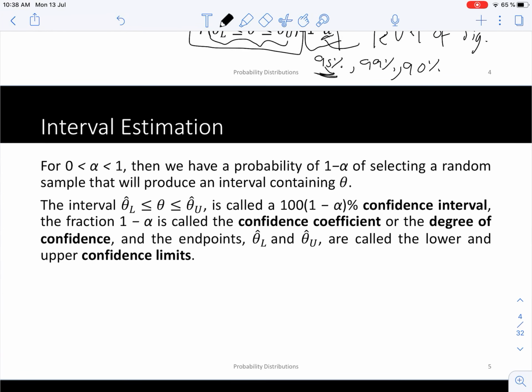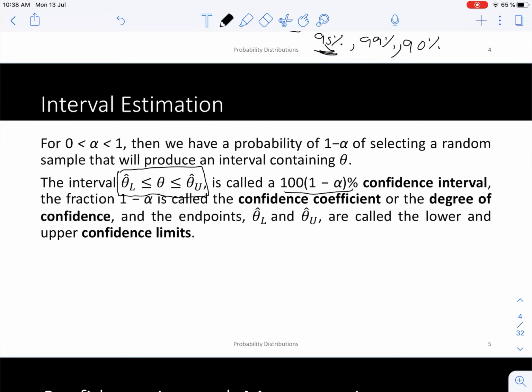Once we get our confidence interval, once we have estimated the lower and the upper limit, we always claim that it was built using a confidence level of 1 minus alpha. And the lower and upper boundaries are considered the confidence limits.